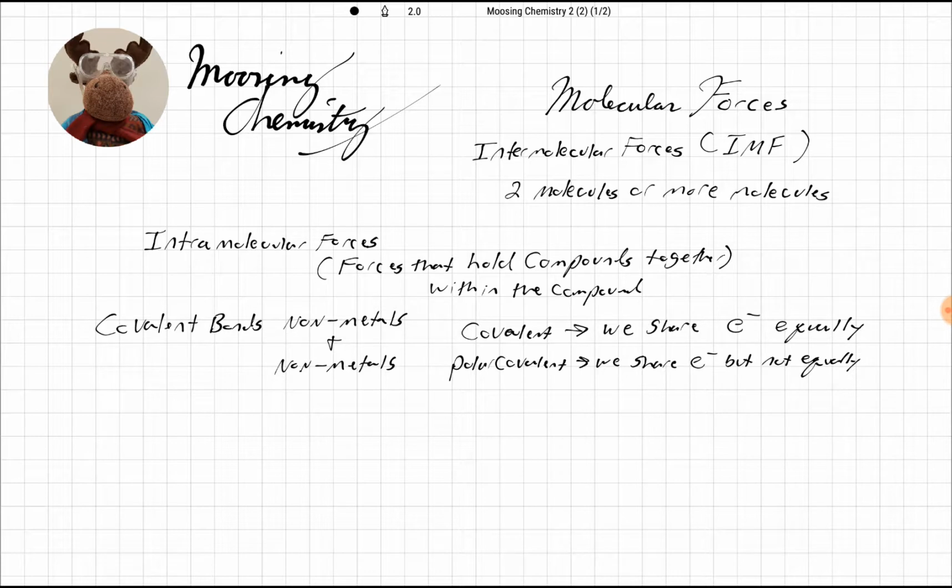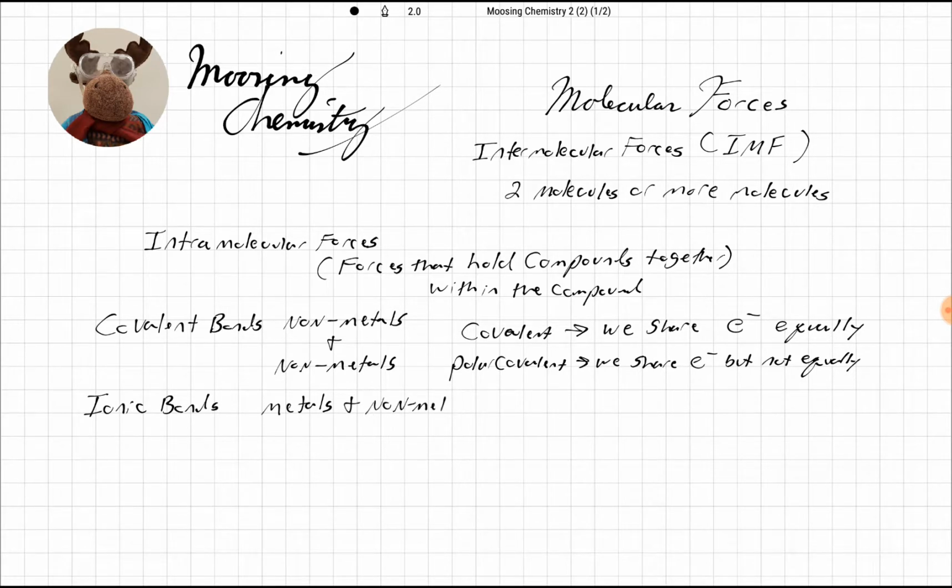Now, the next type of intramolecular forces is something called an ionic bond. All right? Ionic bonds differ from covalent bonds because they're between metals and nonmetals.